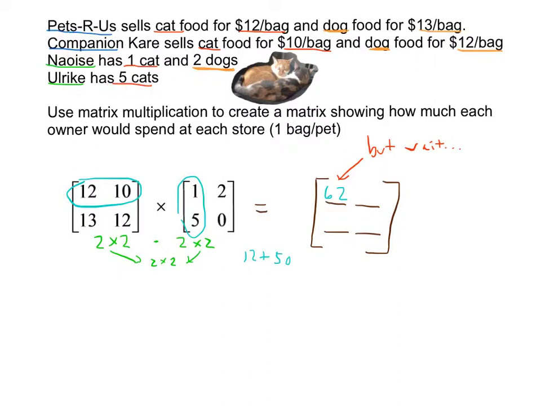This 62 is not what we want to be counting. Just because you can multiply 2 matrices together doesn't mean that you should.